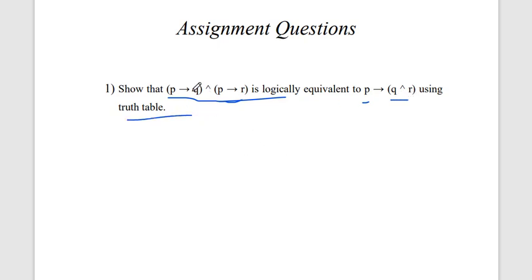You have to draw the truth table of P, Q and R, then the column for this bracketed and function, and the last column, and you have to show that both columns contain the same value. So you can say whether this is logically equivalent or not. Okay, so either they get the same value or not. So this is your assignment question.